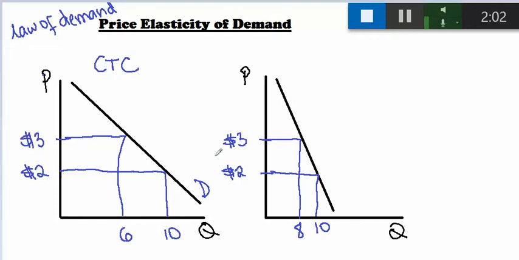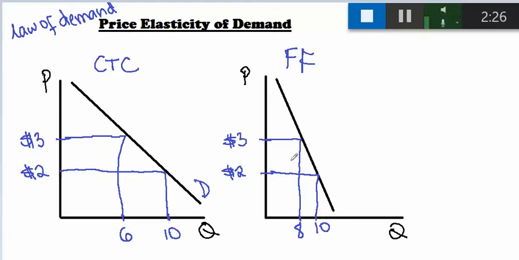So just by eyeballing these two graphs, you can see that with a $1 increase in the price of Frosted Flakes and Cinnamon Toast Crunch, Cinnamon Toast Crunch consumers respond more by dropping the quantity they consume from 10 to 6, but Frosted Flakes consumers reduce their quantity from 10 to 8.